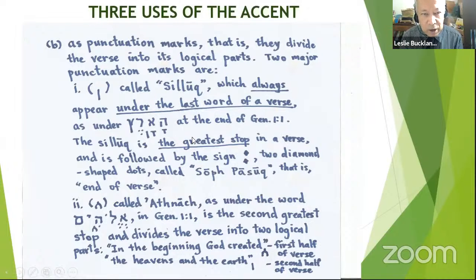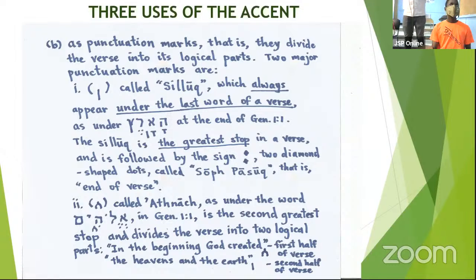Now, this other one is said to be the second greatest stop, called the Athnak. I would say that would be like our semicolon, as you had mentioned earlier. That's how I would compare them.